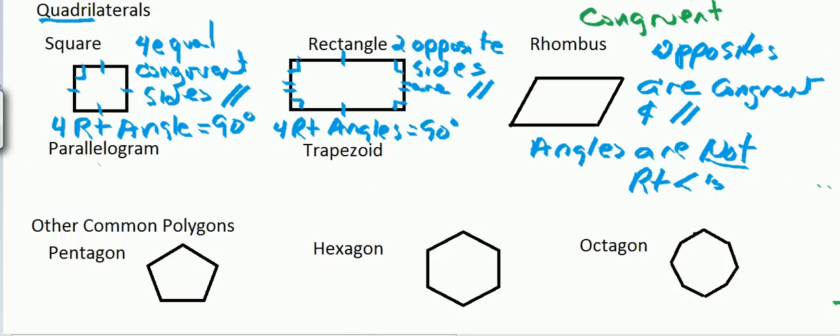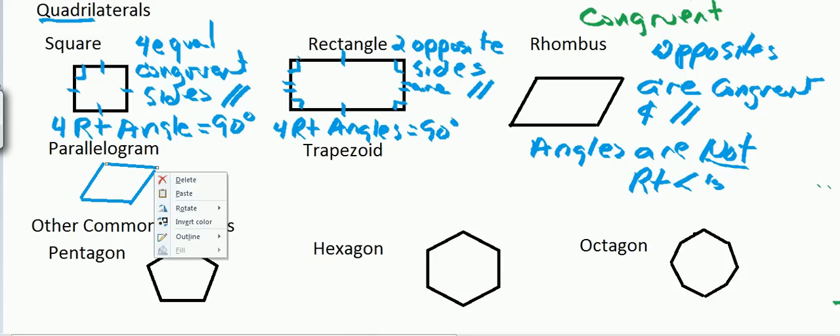A parallelogram has opposite sides that are parallel.